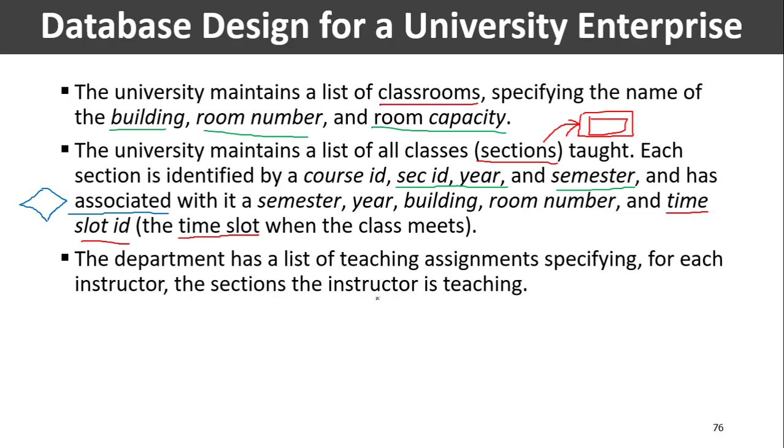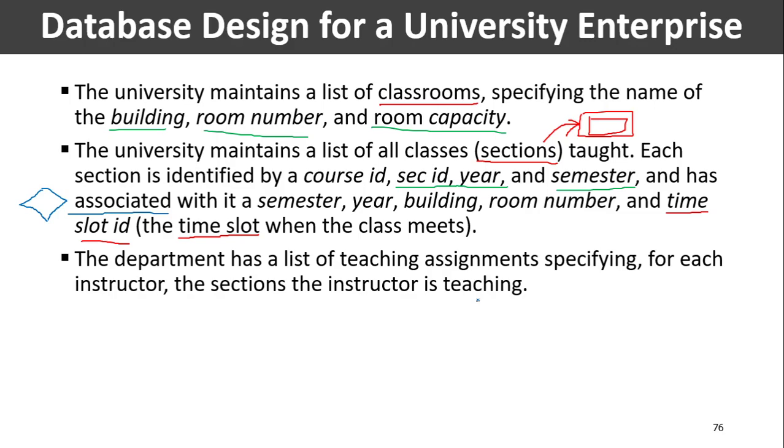So the instructor is teaching the sections. So sections are associated with the course that we have identified here. But now the instructors are being provided with the assignments to teach the sections of the course.